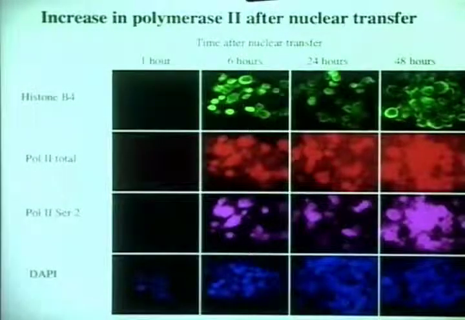One can follow the polymerase activity in these transplanted nuclei, the various forms of polymerase, including the elongating form, and essentially all of the nuclei become fully loaded with the polymerase.